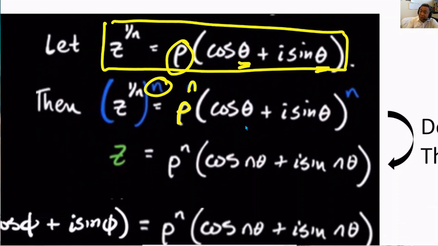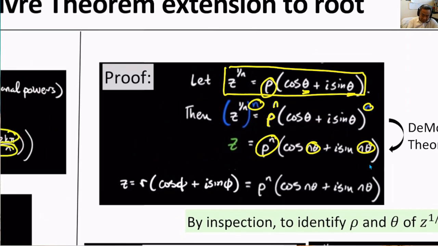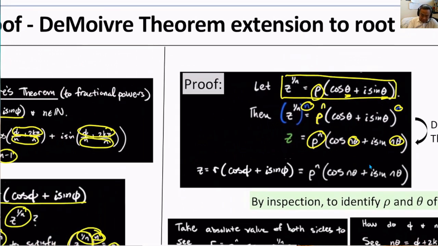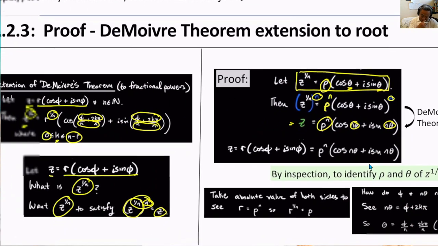The cosine theta becomes, as you'll realize, the n goes in and becomes n theta. So this is the expression from the root exponentiated by n: rho to the n times cosine n theta plus j sine n theta. But we know what z is. z was r times cosine phi plus j sine phi.